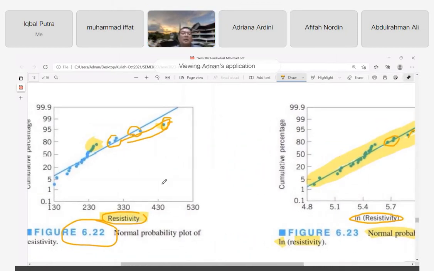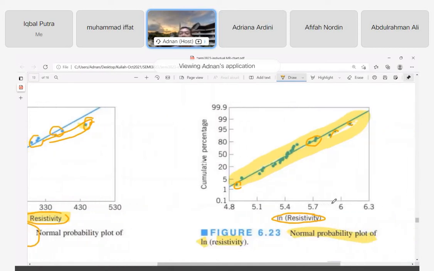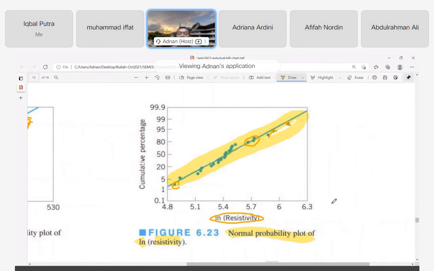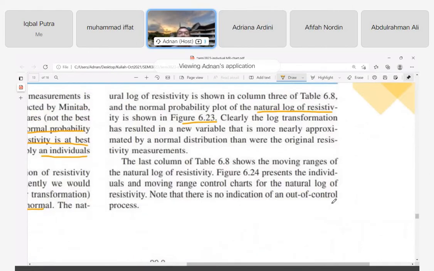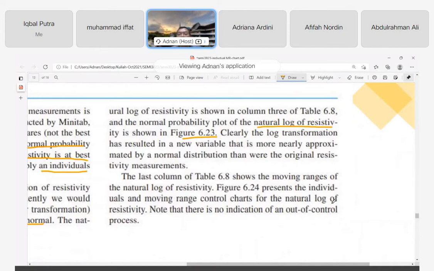Maybe if we don't look carefully, it looks the same, but actually it's not. See, this one is very far away, and now it's getting close to here. Meaning that when we transform, the data is closer to normal distribution. So it is recommended we transform the raw data to natural log. The log transformation has resulted in a new variable that is more nearly approximated by a normal distribution than the original resistivity measurement.